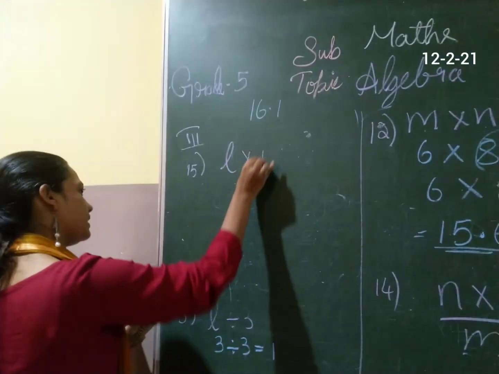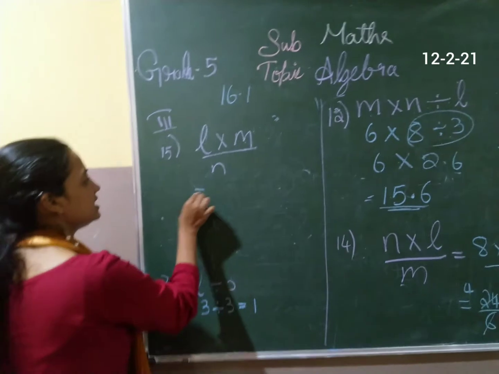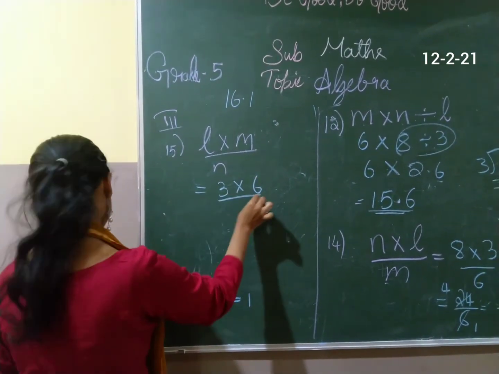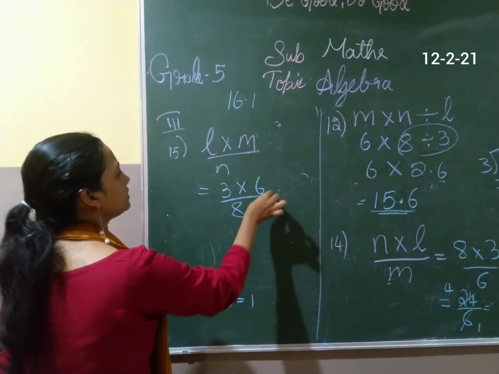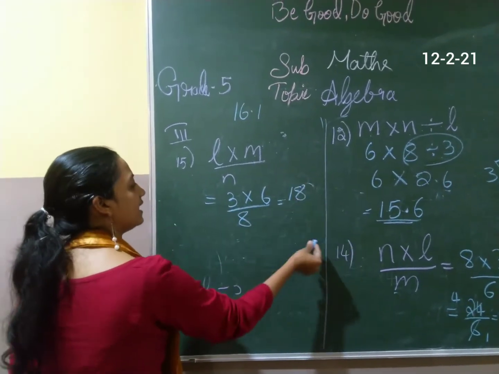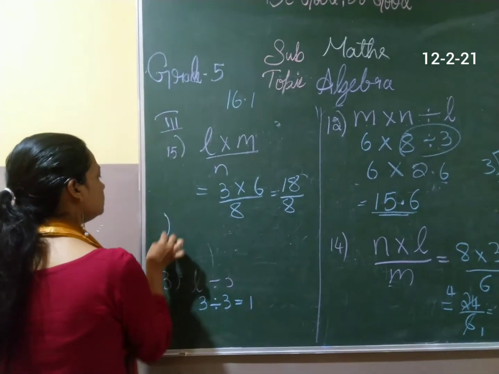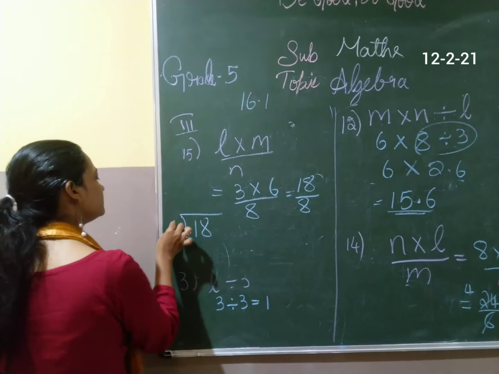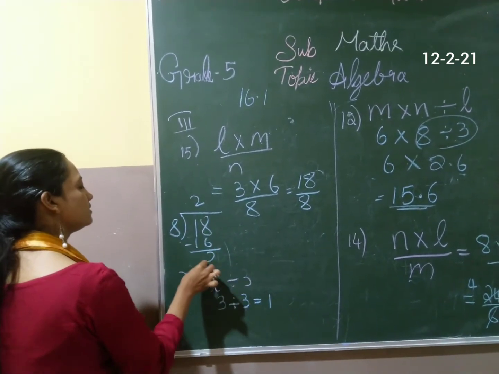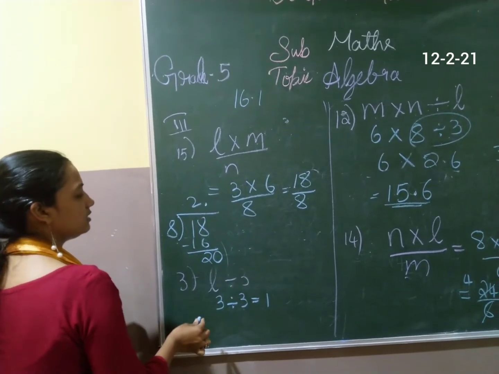L into M divided by N. So L is 3, M is 6, divided by N is 8. So what is the answer for 6 into 3? 6 3s are 18, divided by 8. What do you get? Do the division here. 8 2s are 16. 2 remainder, keep a decimal, add a 0.